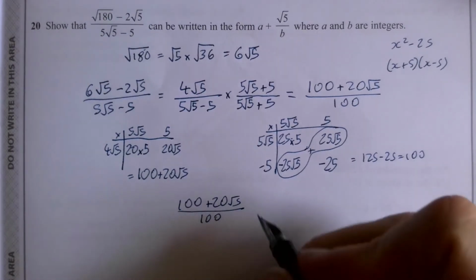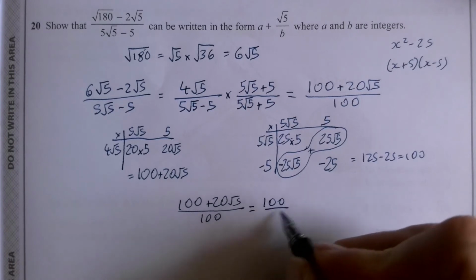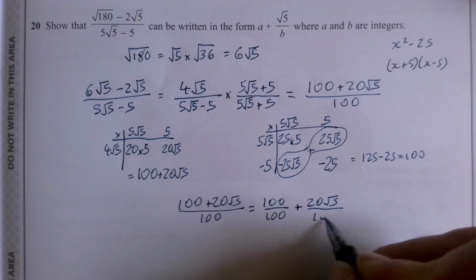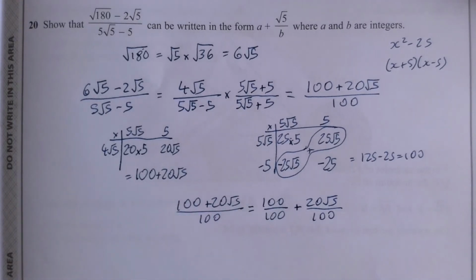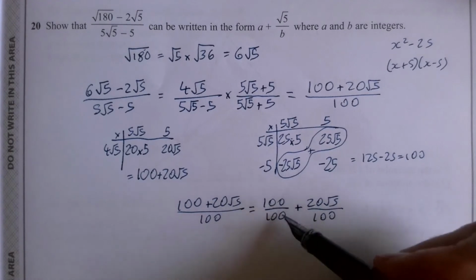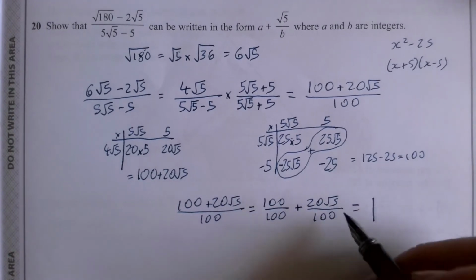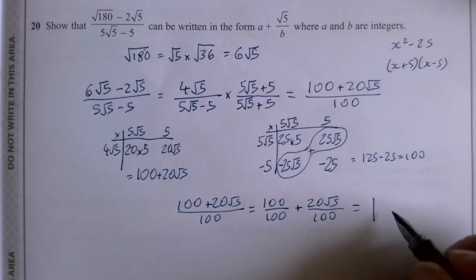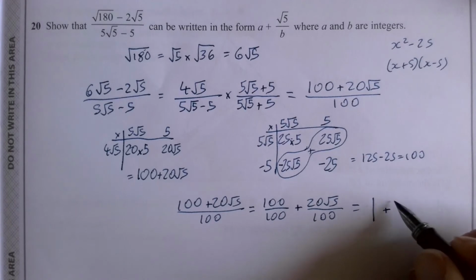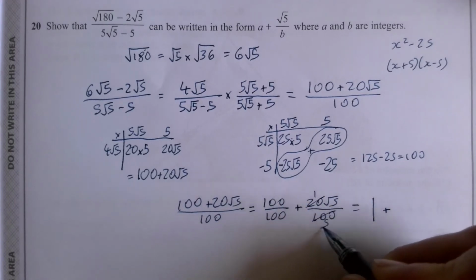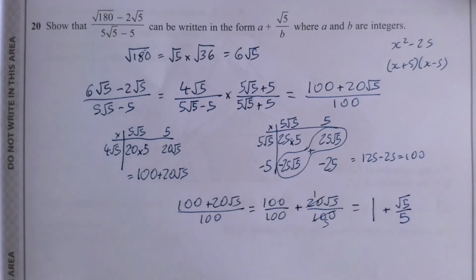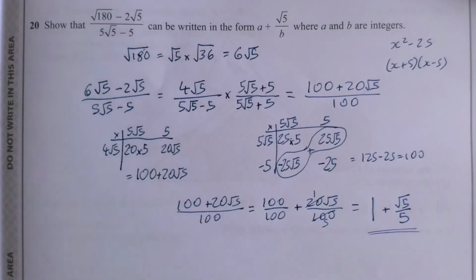I'm just going to reverse that process a little bit and split it into two fractions. 100 over 100, add 20 root 5 over 100. And then look to see what I can do in terms of simplifying. 100 divided by 100 is 1, isn't it? 20 over 100, well, I could divide the 25 times into 100, so that'll give me 1 over 5, which is just going to leave us with root 5 over 5. So our A is 1 and our B is 5, and that's your final answer.